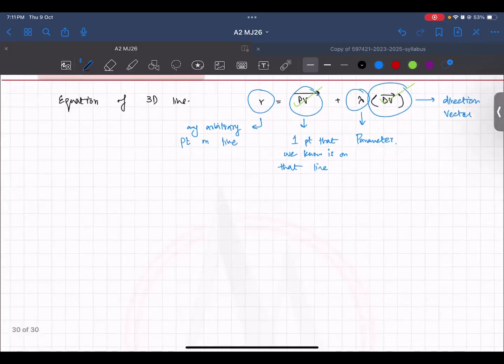So just like you had in your IGCSE O level, the equation of a 2D line, if you had any two points, you can find the equation of the 2D line.